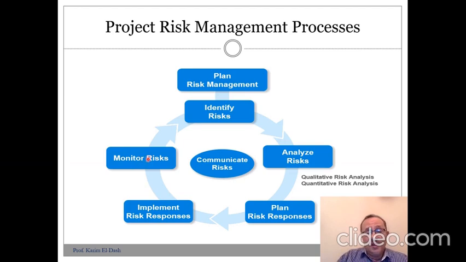So for past risks, the risks that should have happened or might have happened in early phases of the project, those are the risks that could be eliminated from our risk register. But those risks that are still in the future, in later phases of the project, we still have to monitor them.